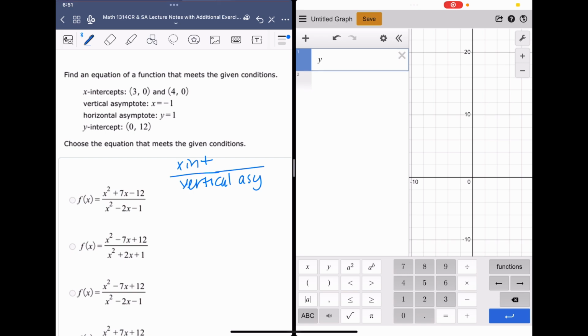So we're just going to type this in, y equals, use the fraction bar. And it's going to be x squared plus 7x minus 12 over x squared minus 2x minus 1.